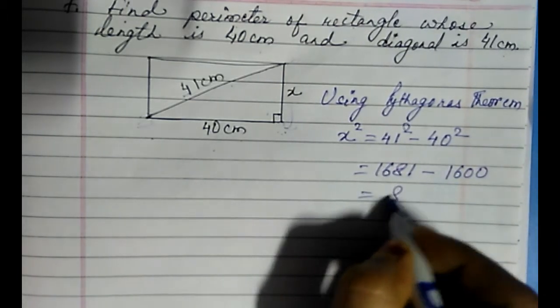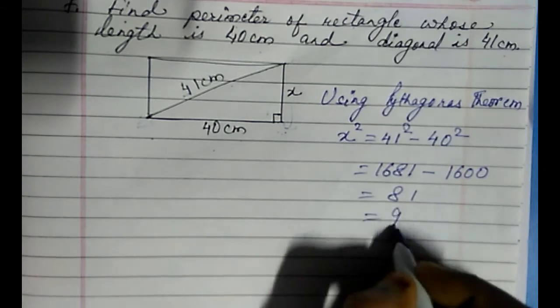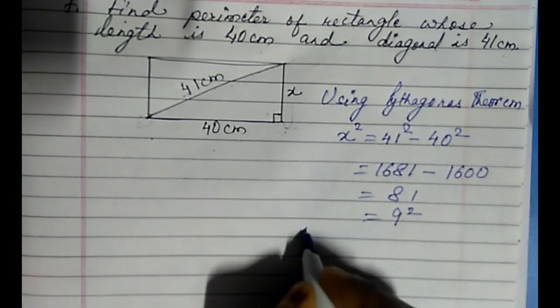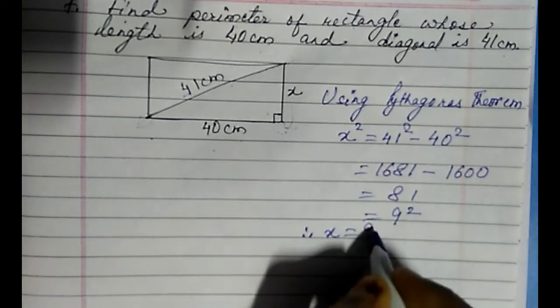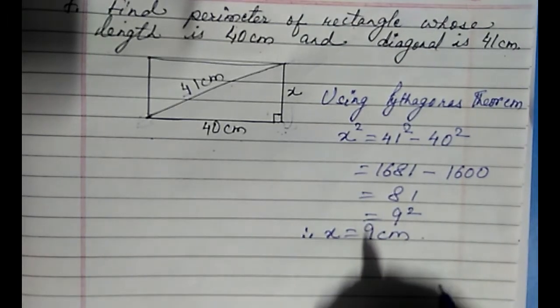So this is equal to 81 and 81 is the square of 9. So what is the value of x? X is equal to 9 centimeter.